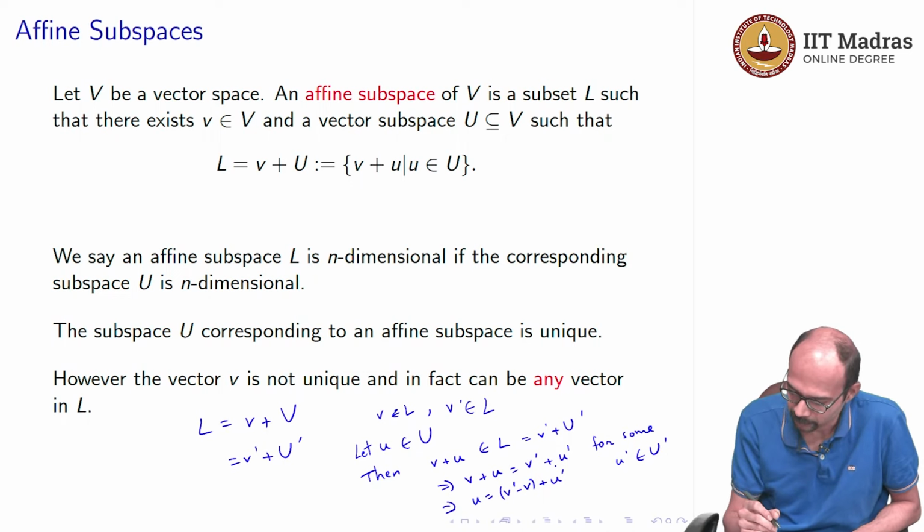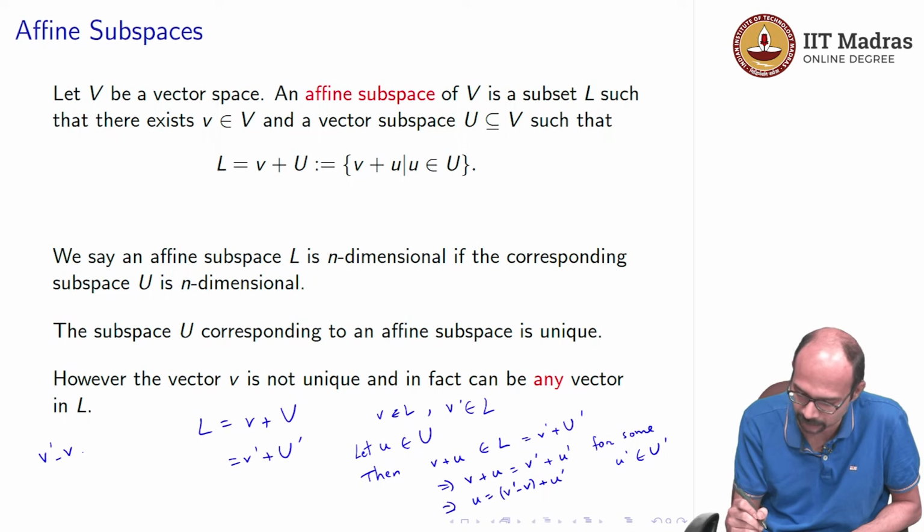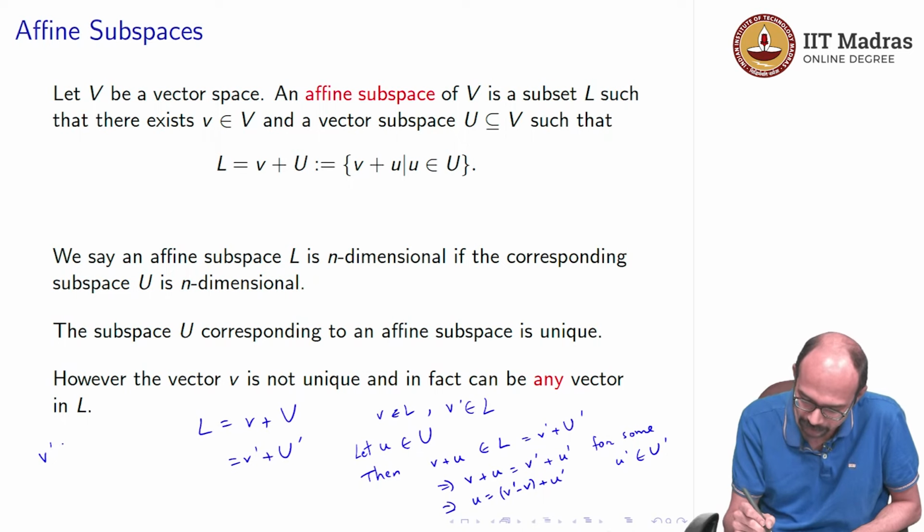So, let us look at v prime minus v, and let us look at how to write it in terms of v plus u. Well, we know v prime is in L, that means v prime is equal to v plus some, let us say, u1, where u1 is in u.